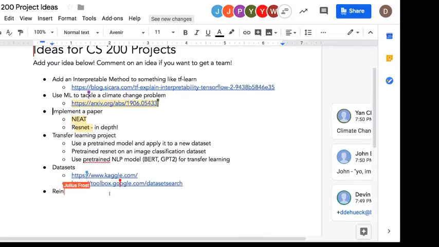Yeah, start brainstorming. Does anyone just have a general idea of what they want to do? Like, I want to do natural language processing, or I want to do some image thing. It's similar to Saturday, but with this idea of music generation, except I want to use GANs to generate electronic music.